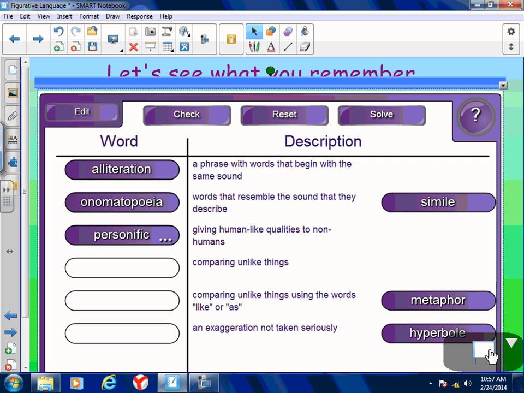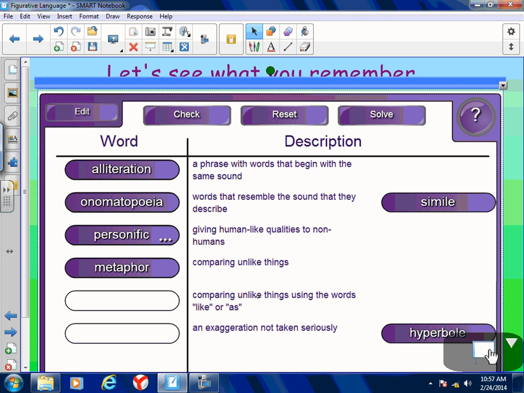And we have comparing unlike things. Okay? Comparing unlike things, we call this a metaphor. And comparing unlike things using words like or as. So the differentiation between metaphor and simile is these words like or as. When you have them, you know that this is a simile. Okay?